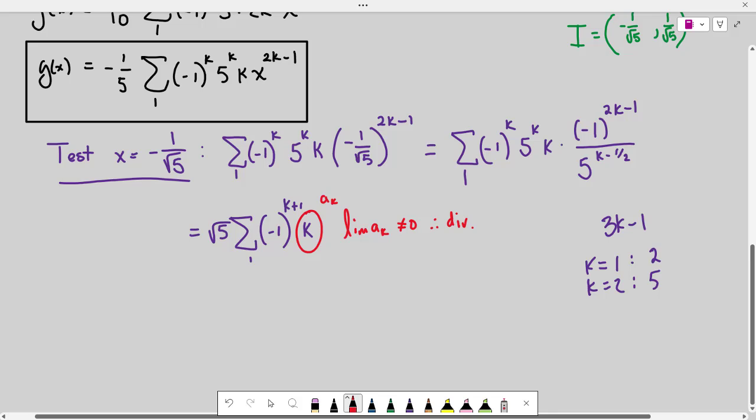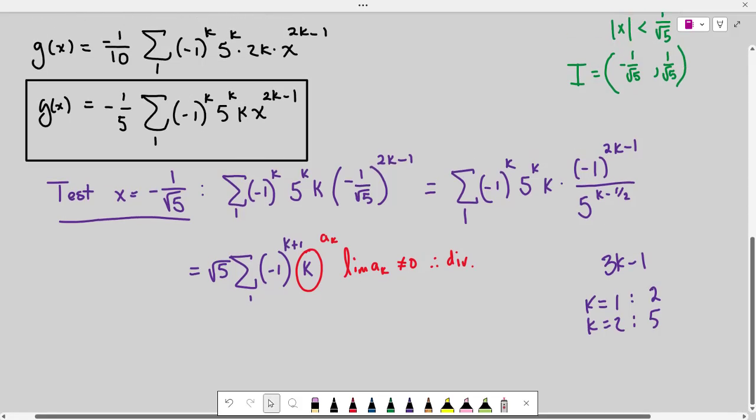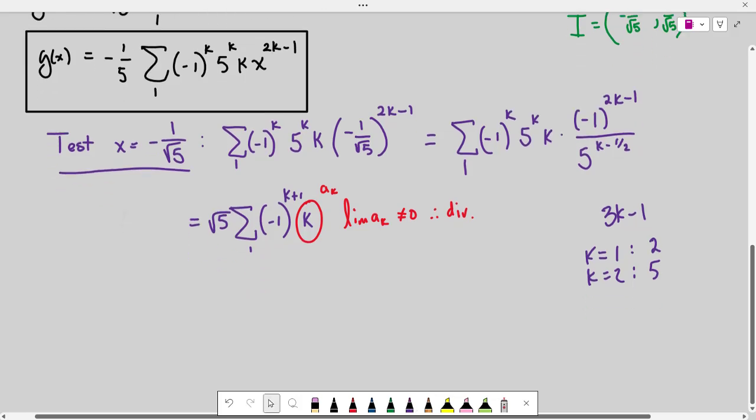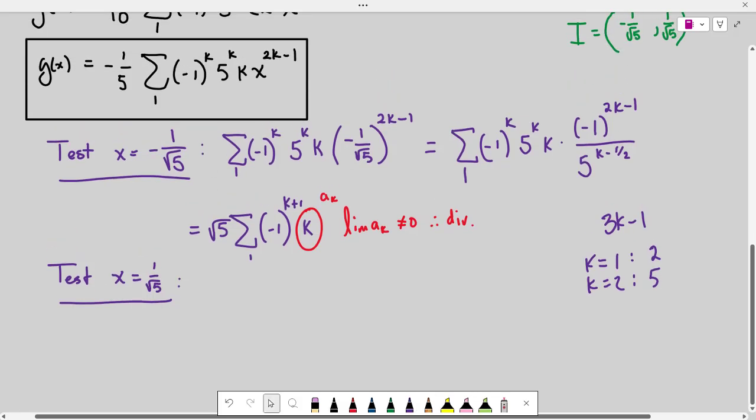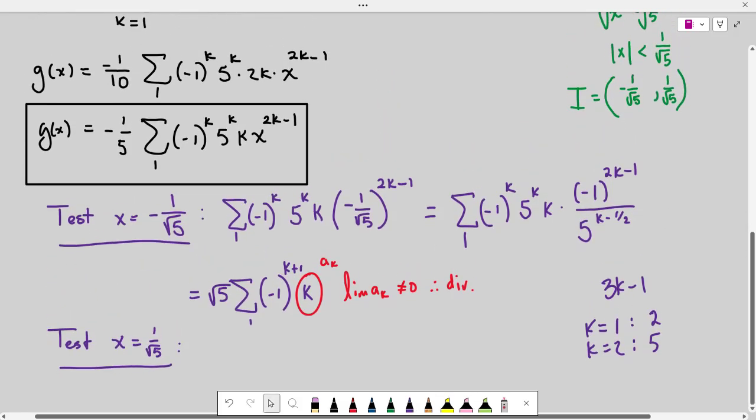And then like we saw with the last one, there's only going to be a minor variation when we go to the other endpoint. So when we test the other endpoint, right here, this is the only part that's going to be different. It's just going to be this switch part. So instead of getting this modified switch, we're going to have the original switch.